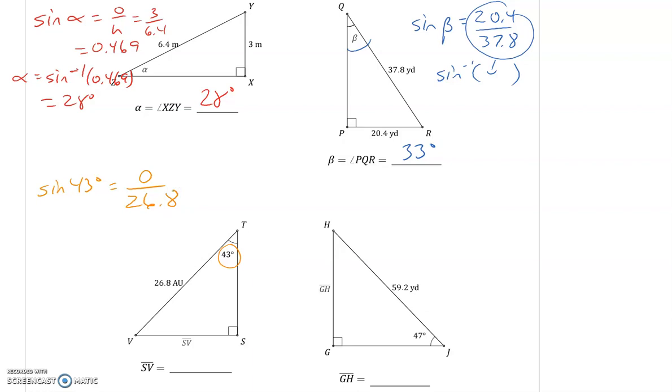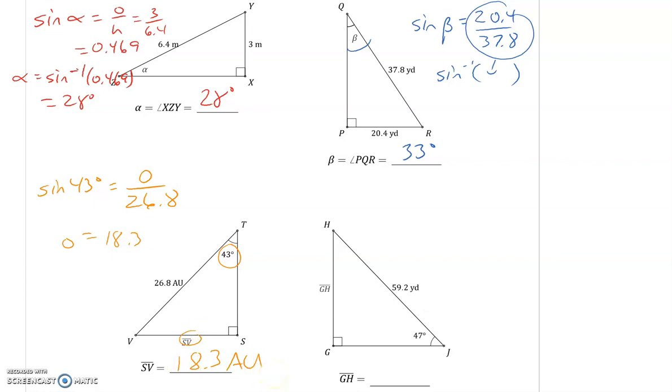Take the sine of 43, press equals, times that by 26.8, and divided by invisible 1, and my opposite is going to be equal to around 18.3, so that's 18.3 AUs, or astronomical units.